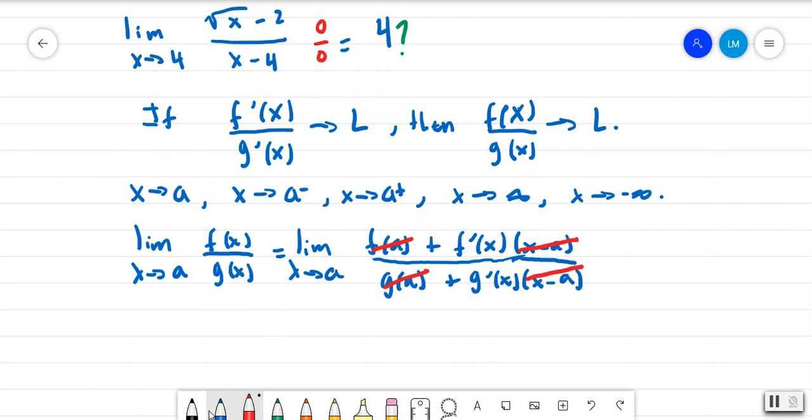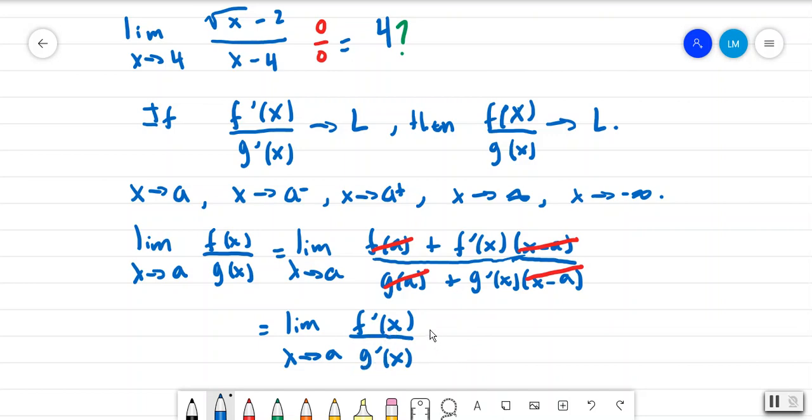So what ends up happening is you end up with a reduction to the limit as x approaches a of f prime of x divided by g prime of x. Of course, what that's telling you is that if it's still 0 over 0, you just apply it again.